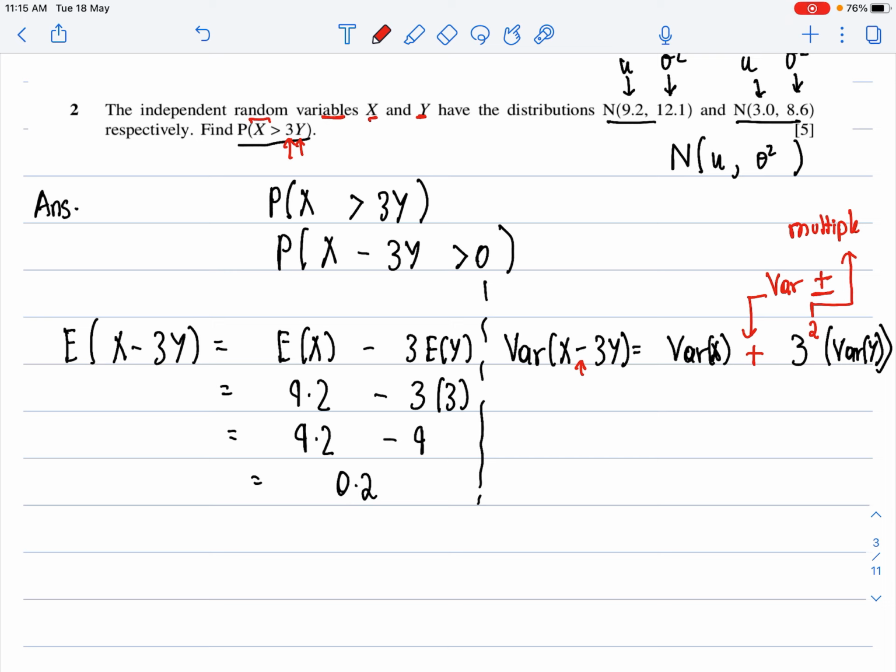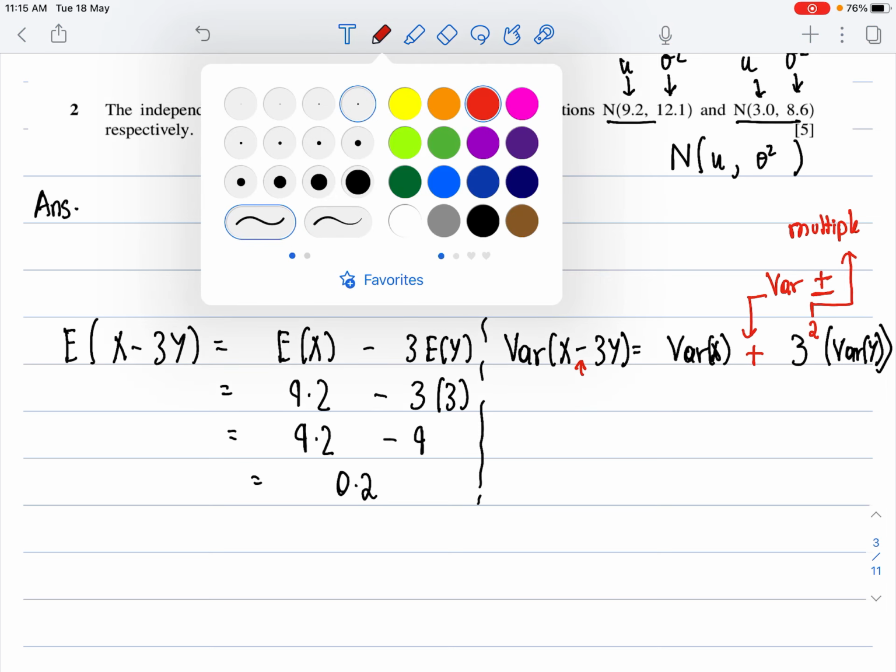It still is a multiple. That's why you need to square it. It's really important to know this property, because whenever they give you an equation like this from the start, it's always a multiple. Okay, this is a trick I can tell you. Whenever they give you an equation from the start, it's always a multiple. If there's something multiplied, that means you need to square.